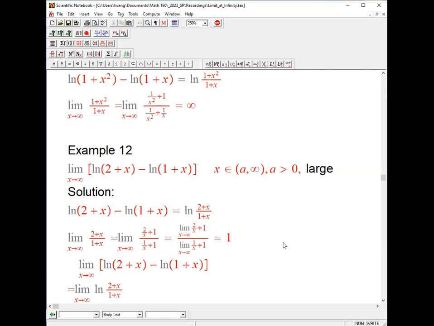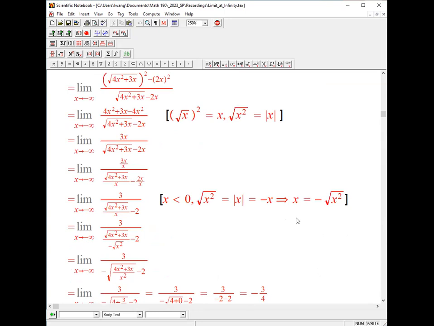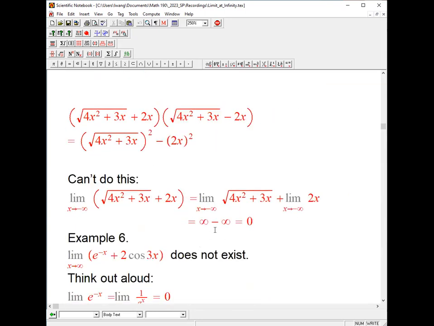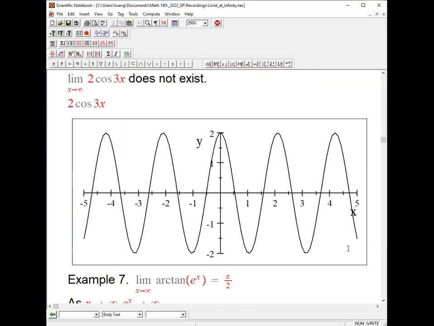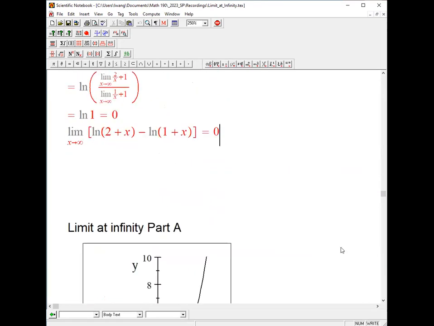Sometimes it does, sometimes it doesn't. In some situations it's not, like in this situation where the limit is not 0, the limit is -3/4, even though you have an infinity minus infinity case. So never ever write infinity minus infinity equals 0, okay? It sets you up for getting a 0.